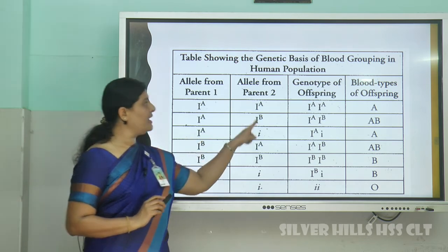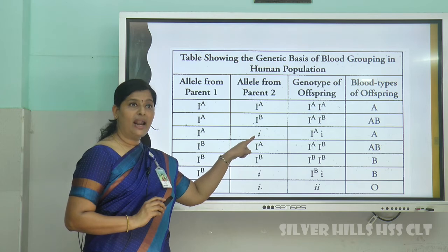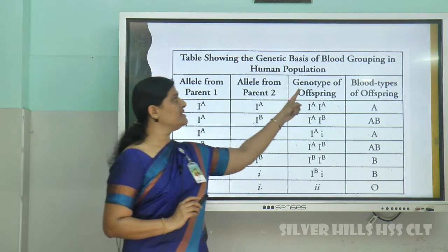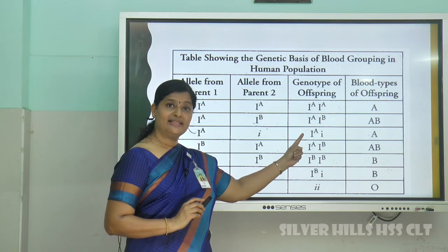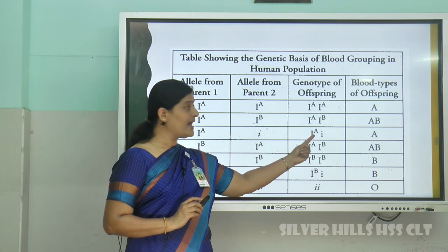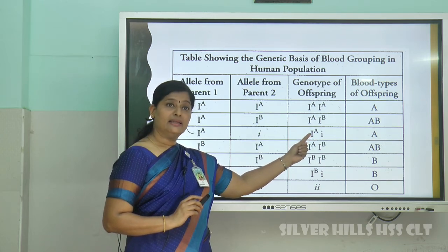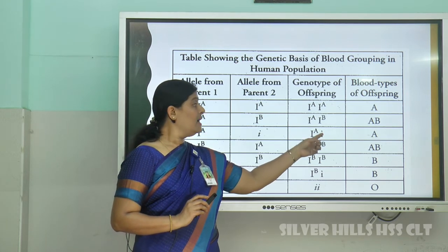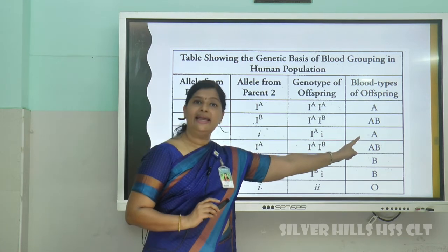Now the third case: the offspring is getting IA from the father and from the mother, a small i, the recessive one. The genotype of that offspring is IAi.